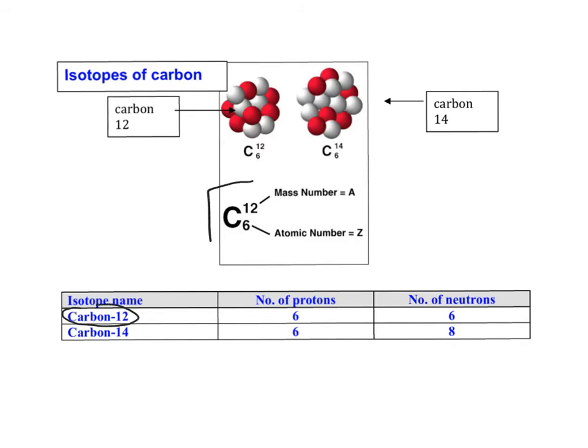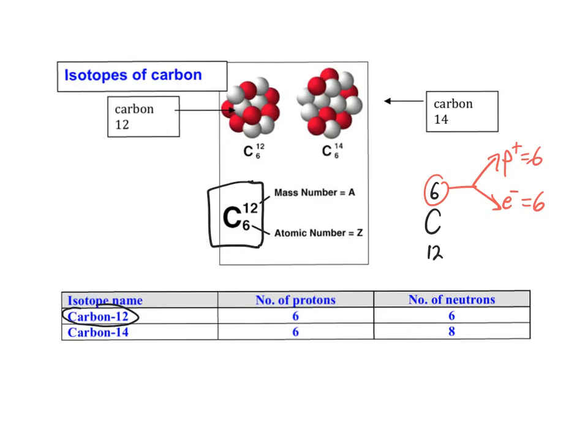If you look on your periodic table card for carbon, you'll see it as carbon 12, which means that it has 6 protons. It's got 6 electrons because it's an atom, so it's got to be neutral. So the amount of protons and electrons need to be the same.